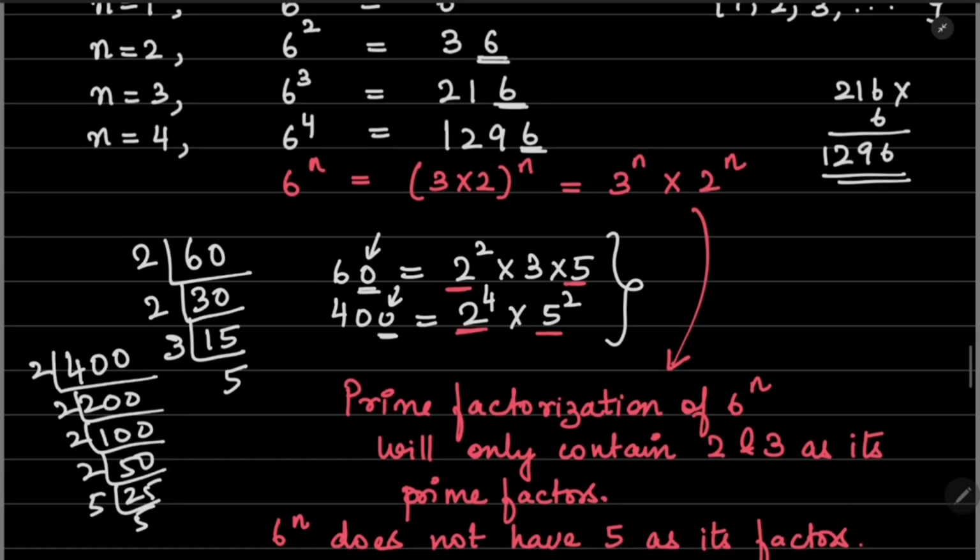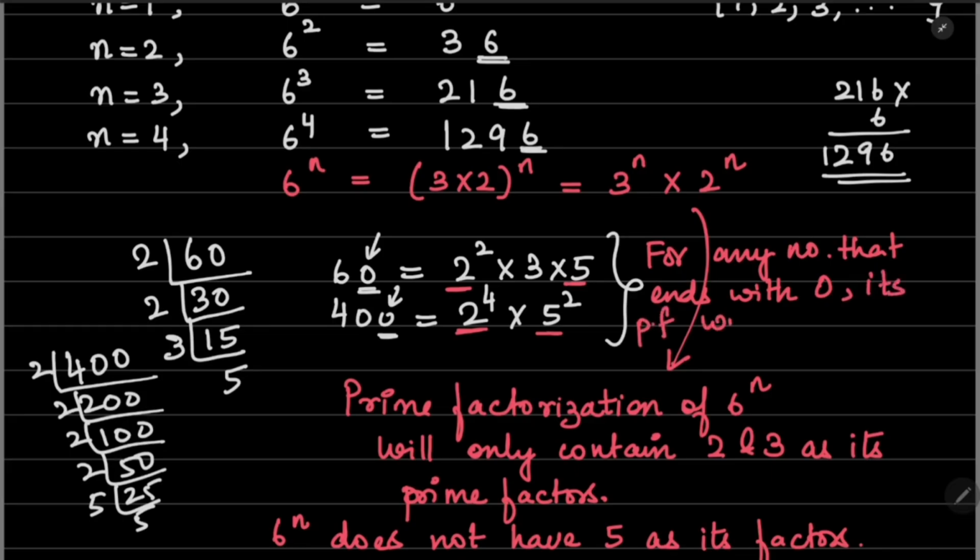Here you can also write, when you are proving and observing, that for any number that ends with 0, its prime factorization will have 2 and 5 as its prime factors.